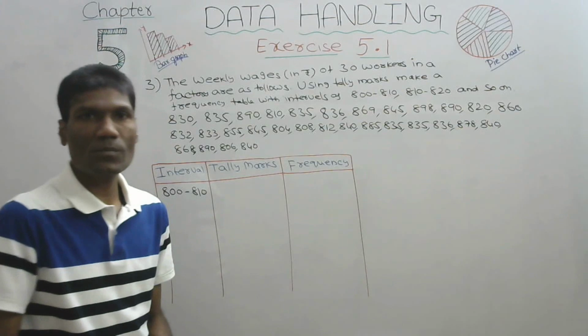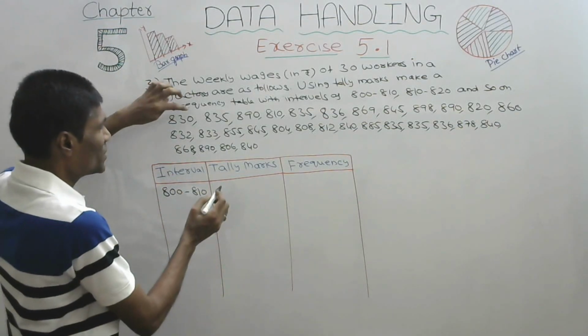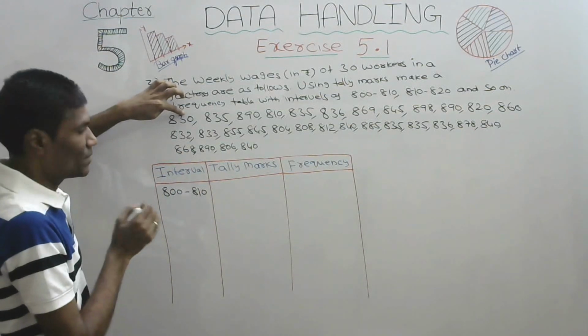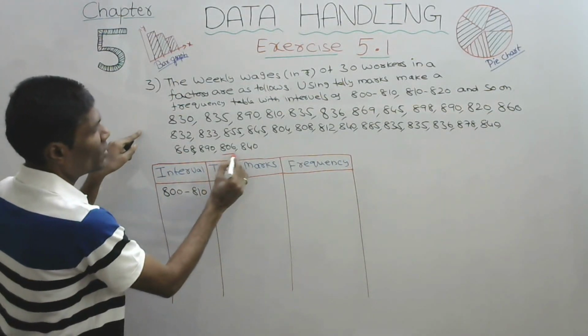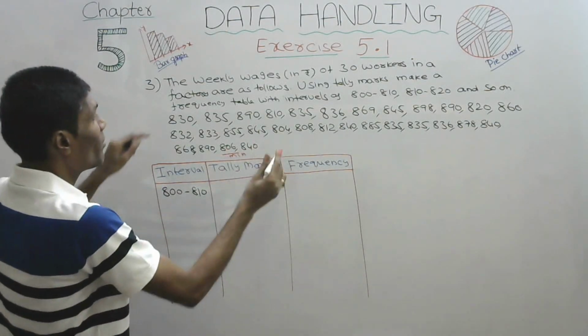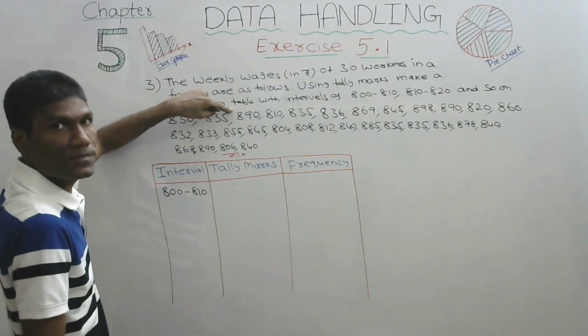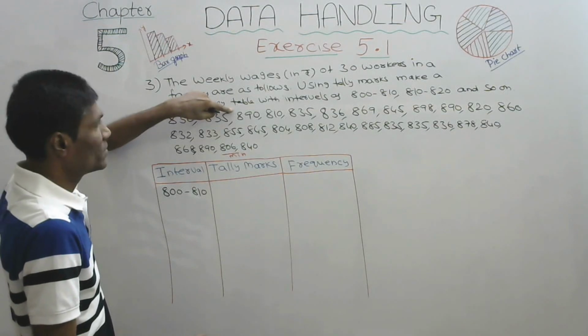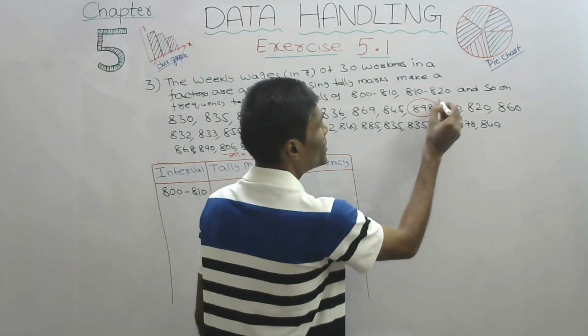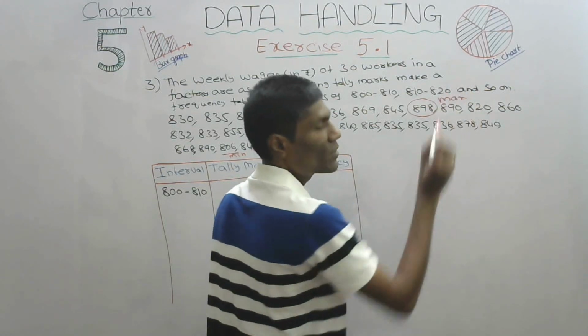Now what we are supposed to do is, the first thing, identify the minimum value. It is 806, the minimum value. And what is the maximum value? 898. This is the maximum value.